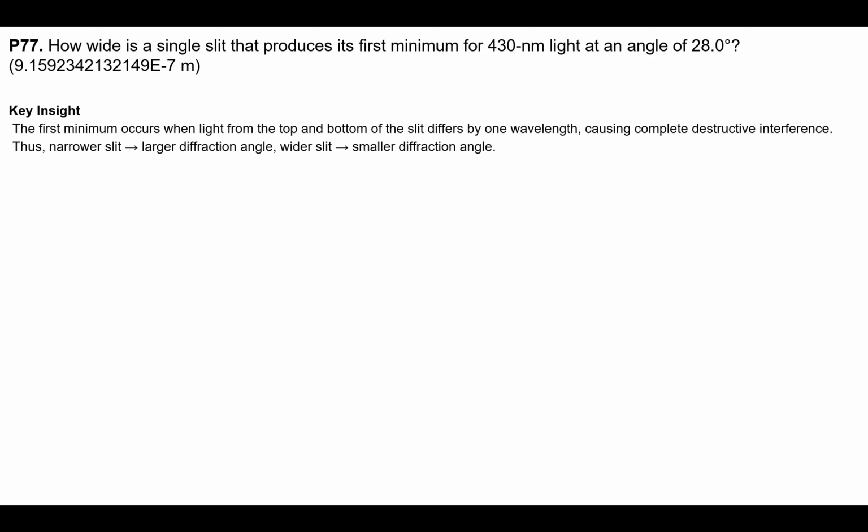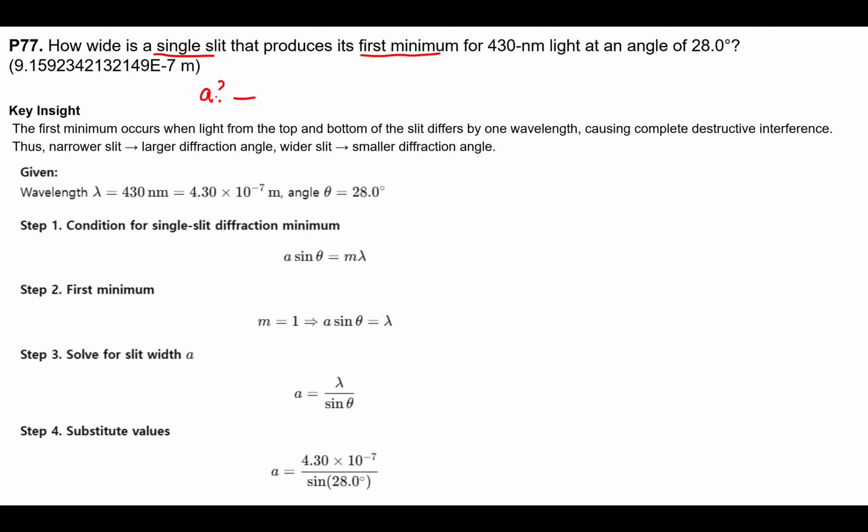So now let's try to solve it. Single slit problem: there is a single slit, and this is the first minimum. How wide is the slit? Try to find a. The minimum fringes are described by this formula.